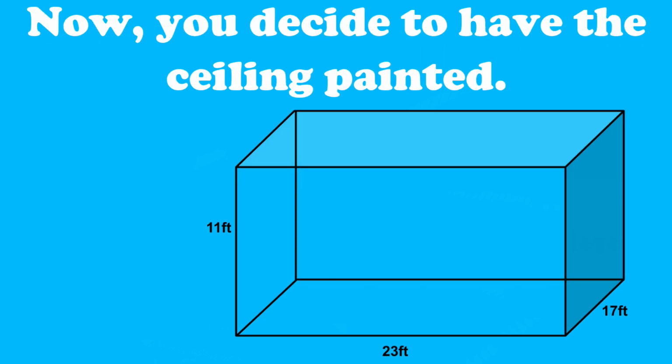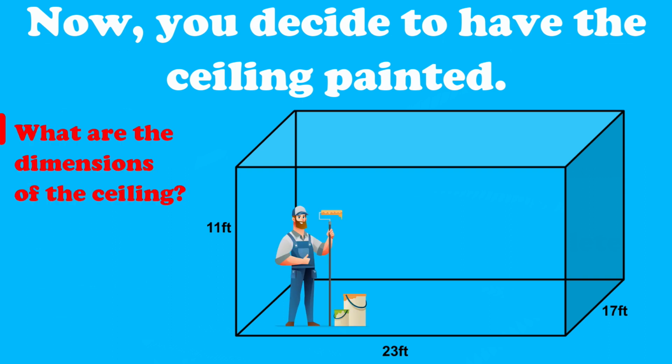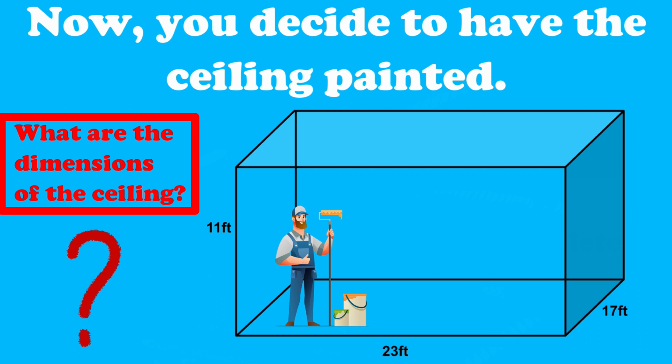Now we decide to have the ceiling painted. The ceiling is just one surface. But what are the dimensions of the ceiling? Look carefully and see if you can determine what the dimensions of the ceiling would be.